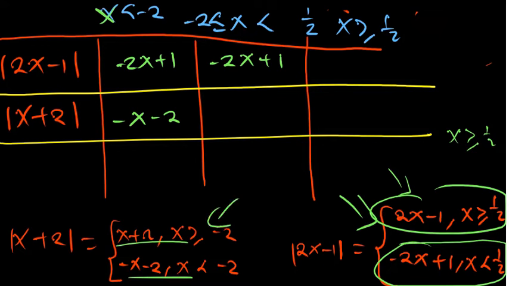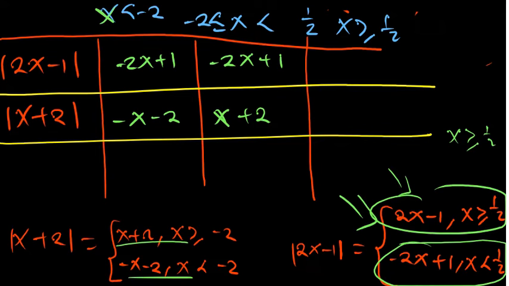X should be less than half, but x should be greater than or equal to negative 2. Which one? The first one. So the first one, I'll put it here. I'm done.